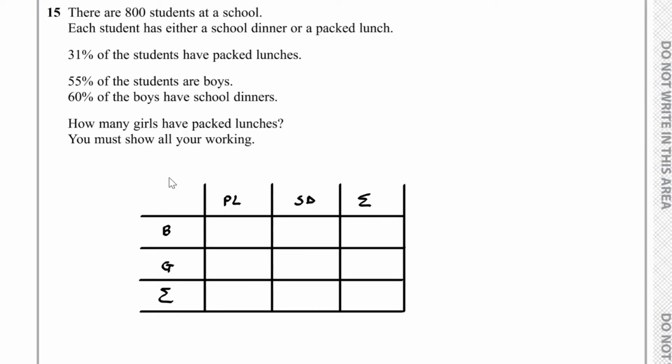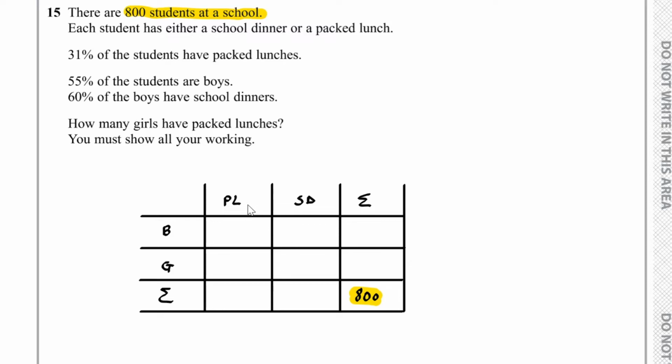So, constructing the two-way table, we've got 2 types of categories. We've got gender, boys and girls, and we've also got the type of lunch, packed lunch or school dinner. Now, there's 800 students in the school altogether, so we have 800 here. 31% of the students have packed lunches.